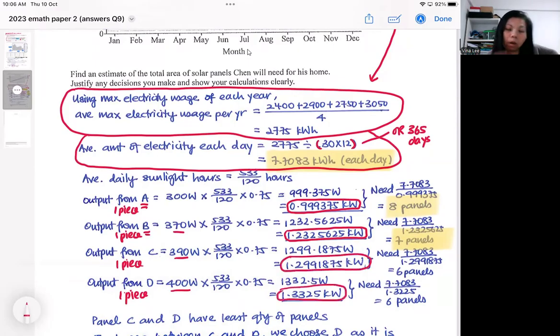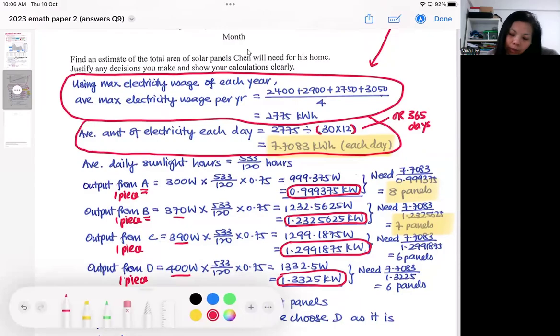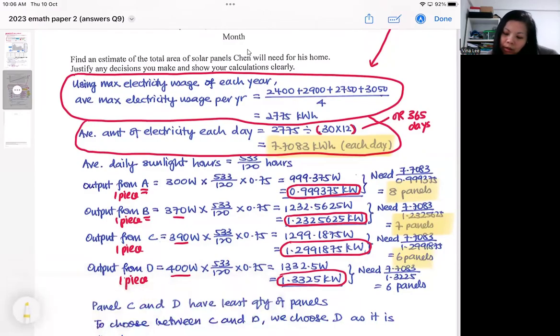The more power one piece of solar panel can generate means you don't need to buy so many pieces. So if you work out the number of pieces, both of them will need around 6 panels.